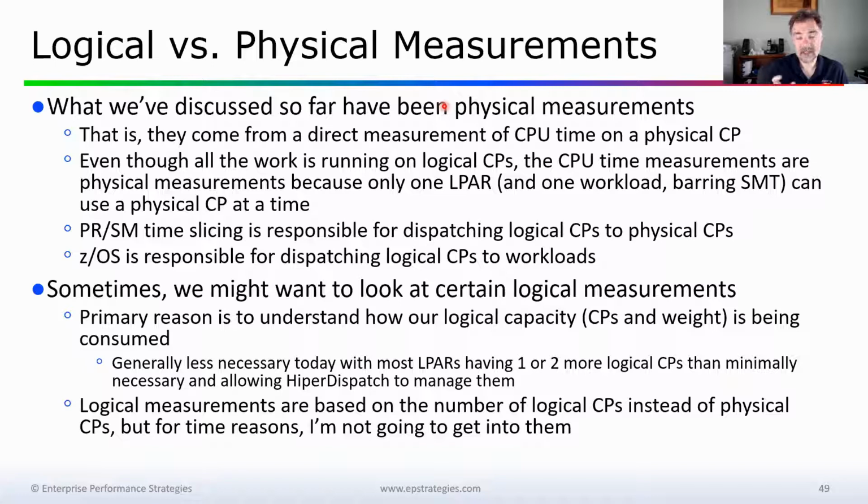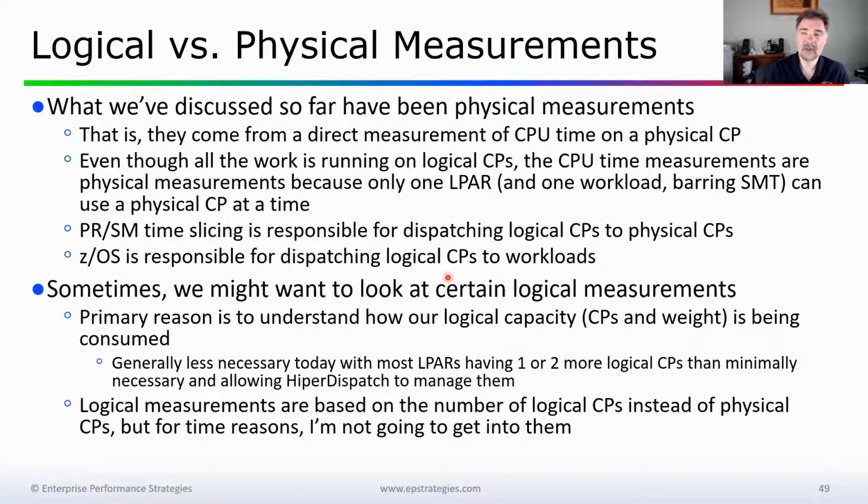So even though it's a logical CP on the LPAR, the CPU measurement is a physical measurement of capacity, okay? And just to point out that PR/SM time slicing is responsible for dispatching the logical CPs to physical CPs, and z/OS is responsible for dispatching the logical CPs to workloads.